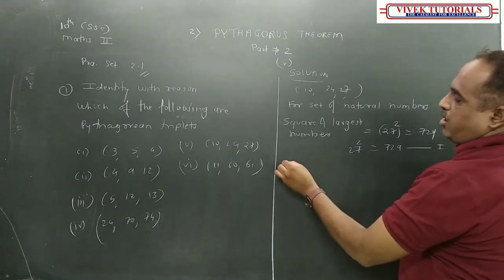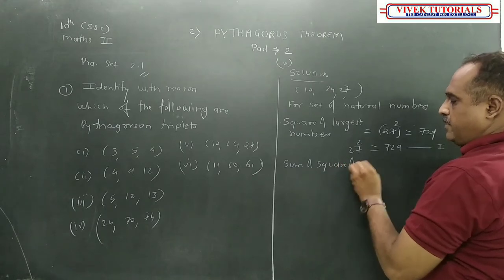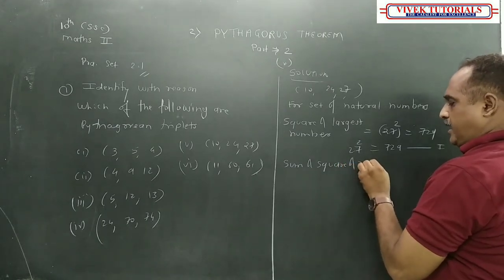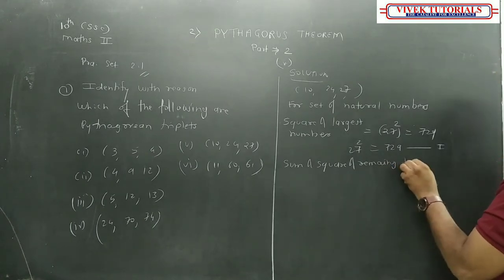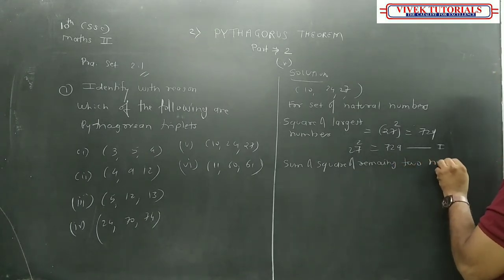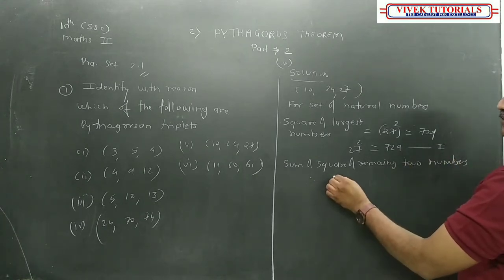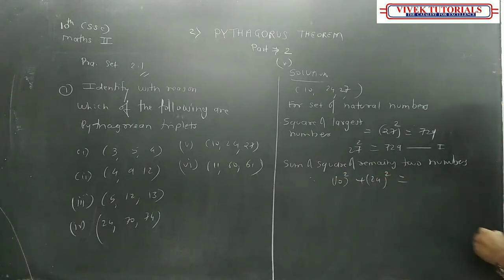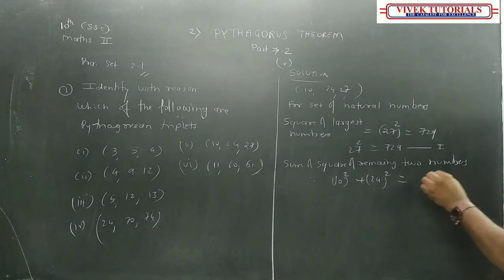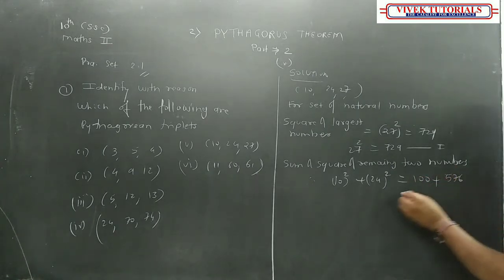And the sum of squares of the remaining two numbers, that is, 10 square plus 24 square is equal to 100 plus 576.